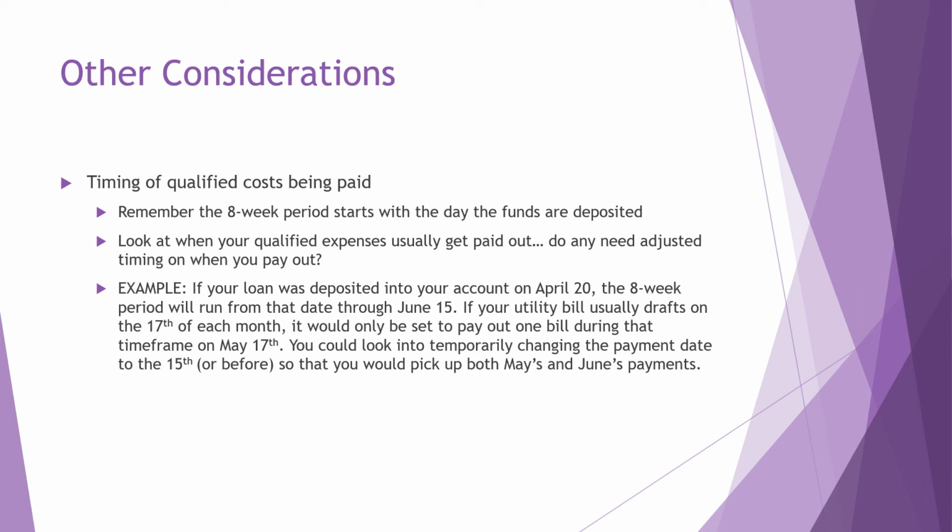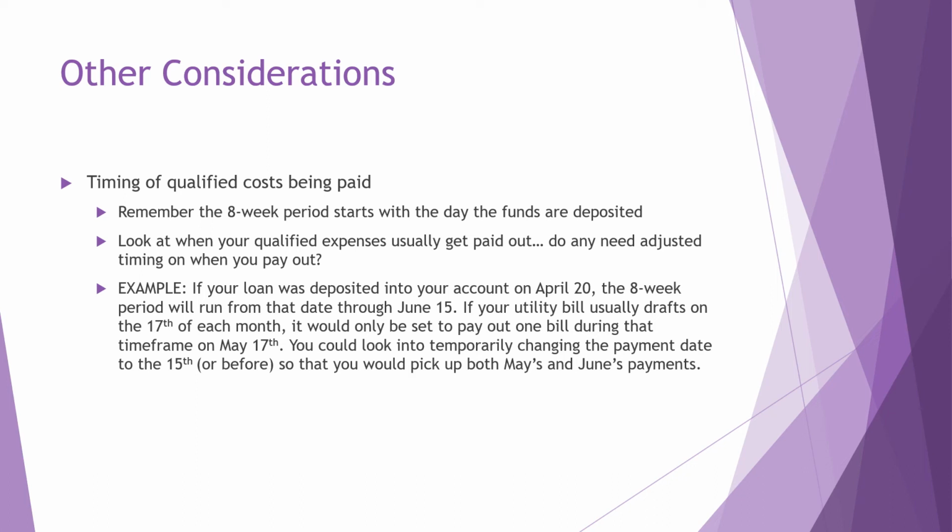The April 17th one drafted before we had the funds. The May 17th one would be within the 8-week time period, and then June 17th would be after our 8-week coverage period. So if we left it as is, we would only have one utility payment under this forgiveness for qualified expenses.